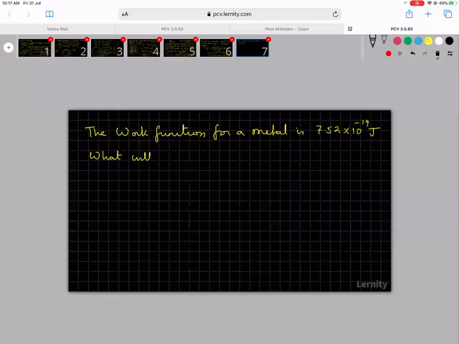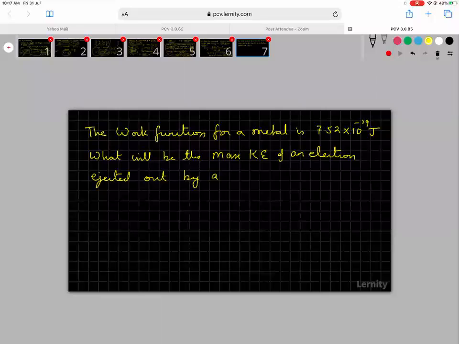What will be the max KE of an electron ejected out by a photon of wavelength 360 angstrom units?